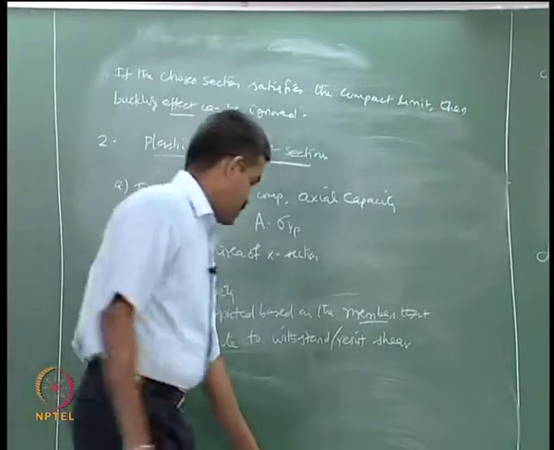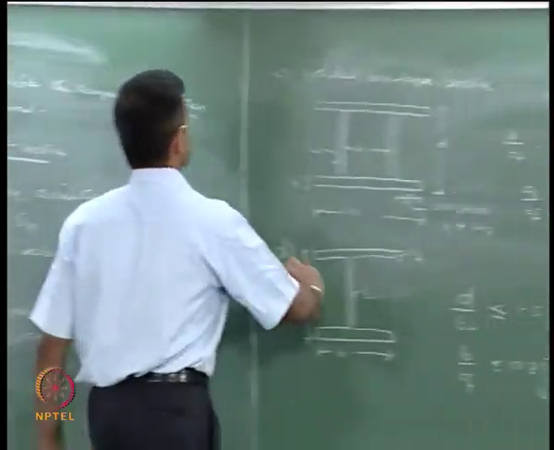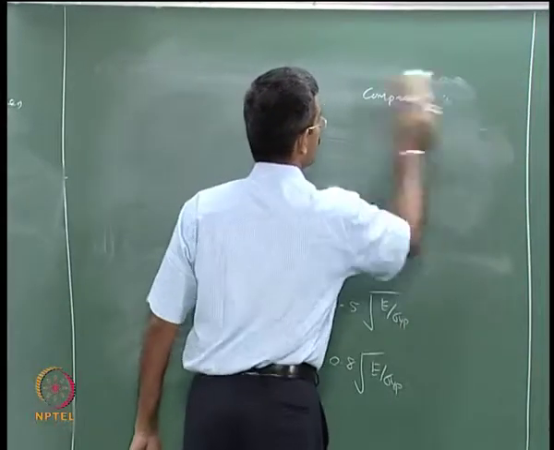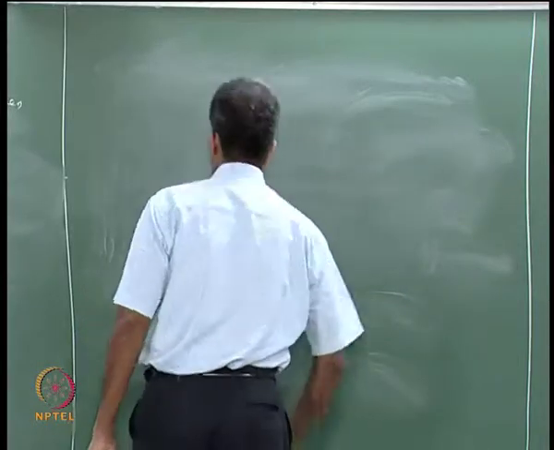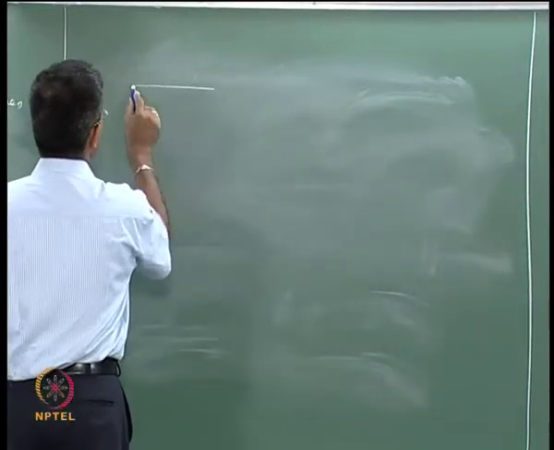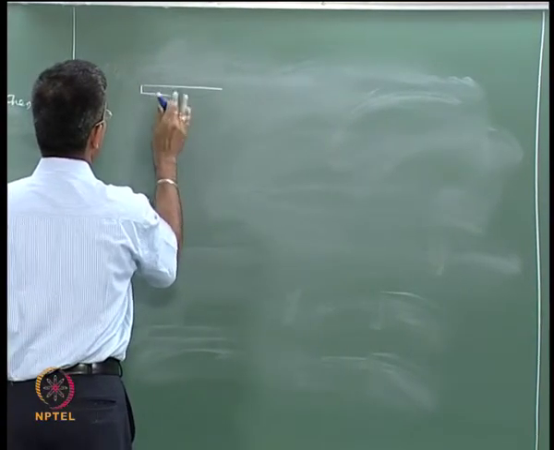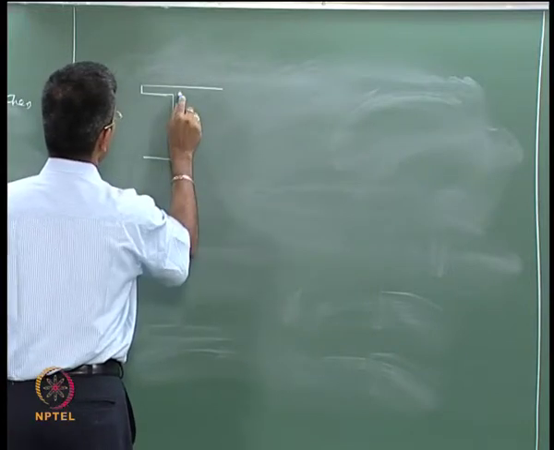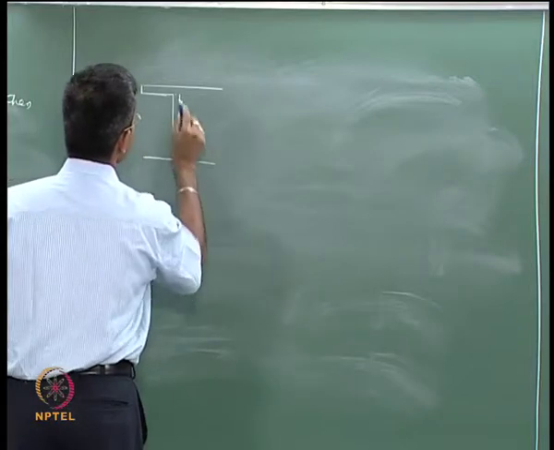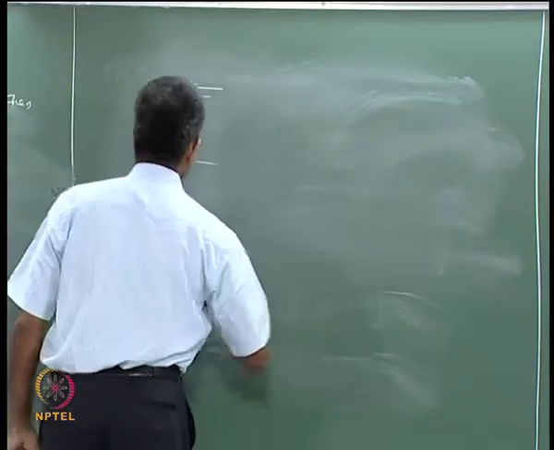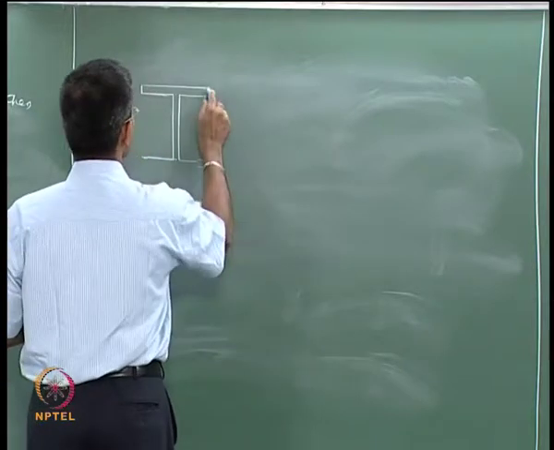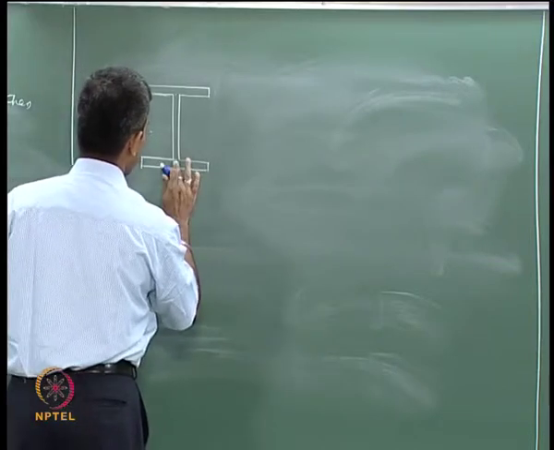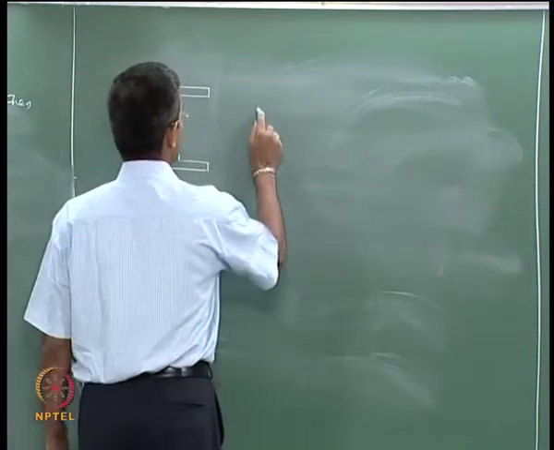We will see. Let us say I have two cases of an I section. One is kept vertical in elevation, the other is kept horizontal, let us say it is tilted.